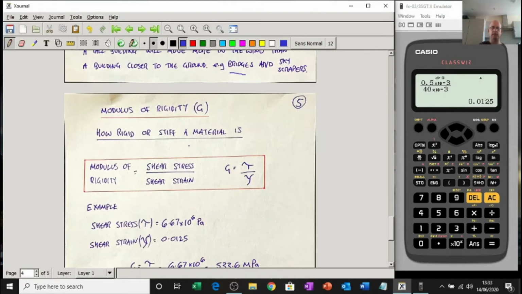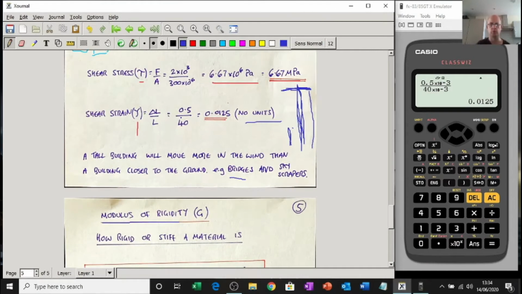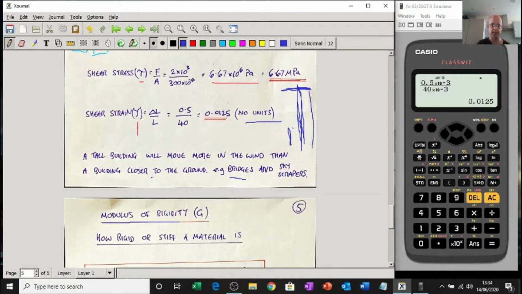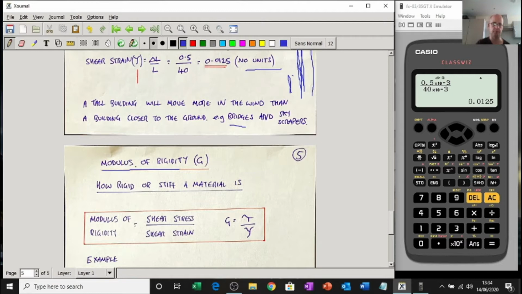Shear stress has a very similar thing. Something that has low shear strain is very rigid. So it's the modulus of rigidity. Tensile and compression is elasticity, modulus of elasticity, and shear is how rigid something is. So the modulus of rigidity is G. You can look it up in a book.